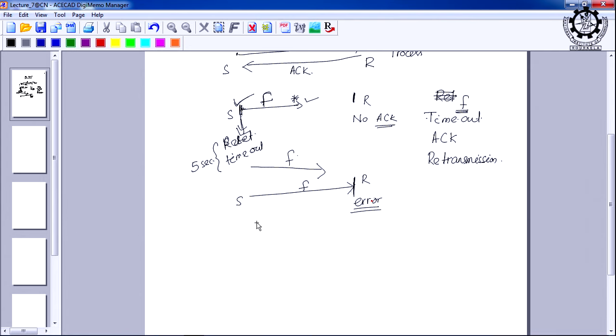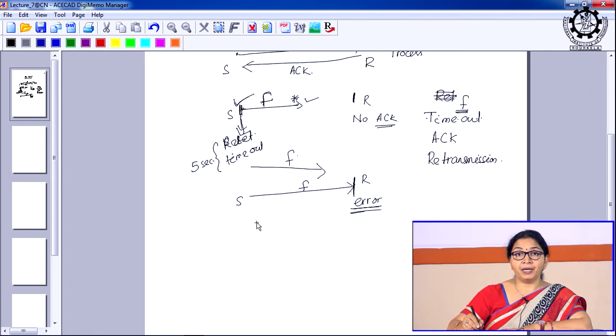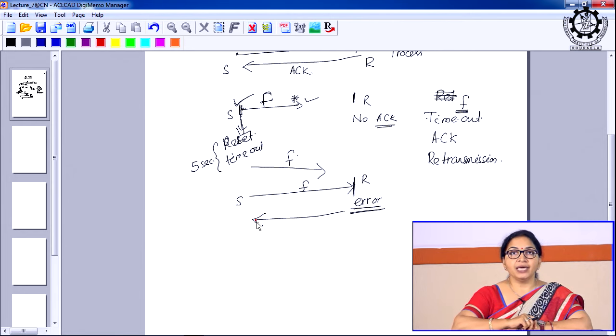So, by this error detecting mechanism, the receiver understands that there exists an error in the frame. Can it process the frame now? No, it should not, because if it is processing, the whole thing is a wastage. So, what it does, it receives the frame, but because it is in the erroneous condition, it informs the sender saying that the frame that it has sent is having an error.